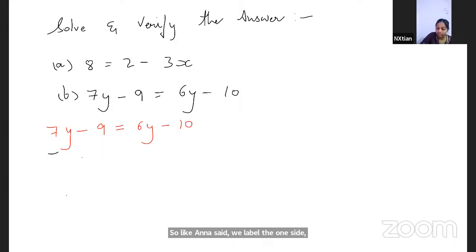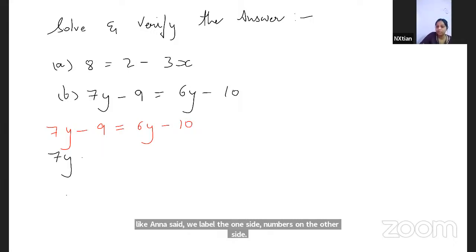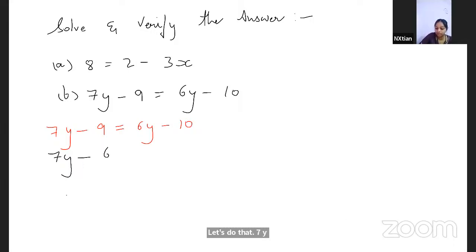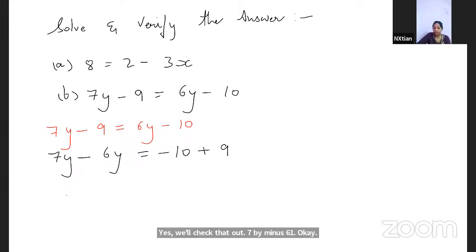Let's do that. 7y minus 6y equals minus 10 plus 9. Okay, so 7y minus 6y, we'll be left with 1y. And 1y we don't write, we only write y.